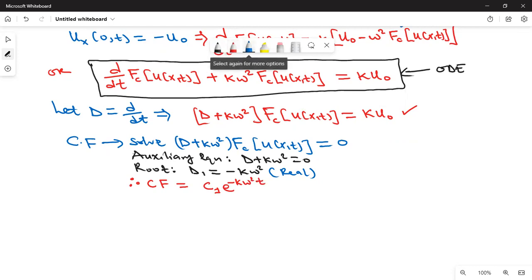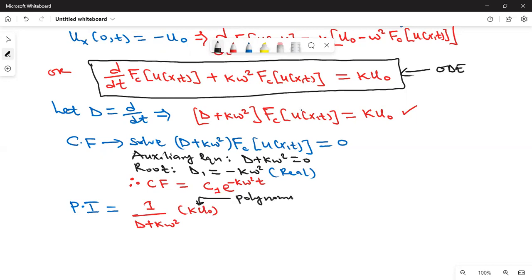Let's find the particular integral. You need to divide both sides by D plus k omega squared. So it will be 1 over D plus k omega squared operating on k u naught. K u naught is a polynomial of degree 0.